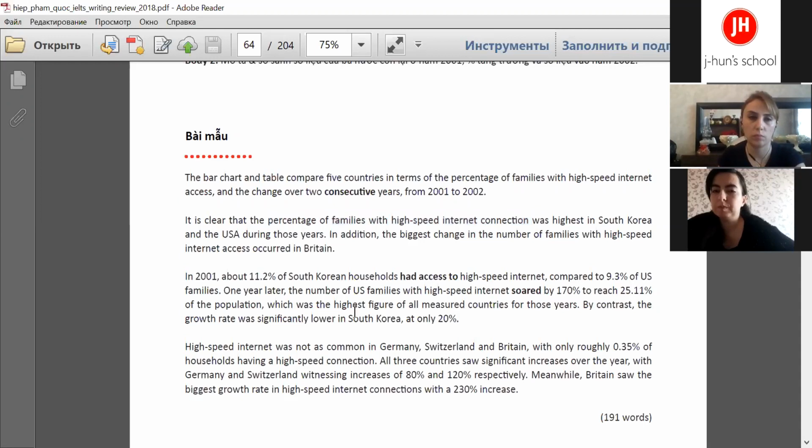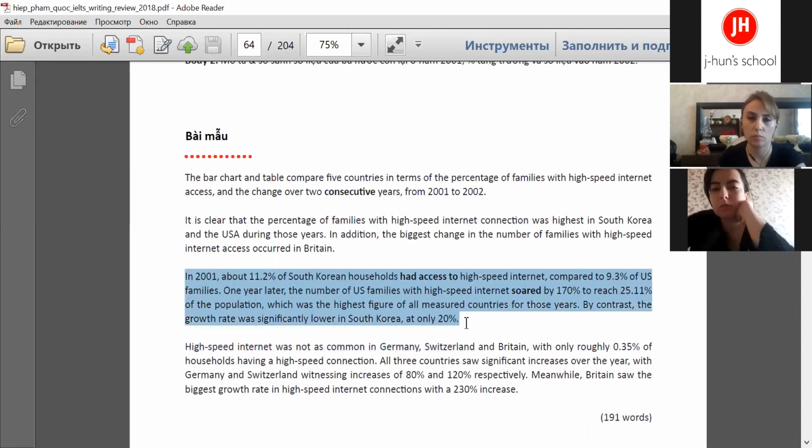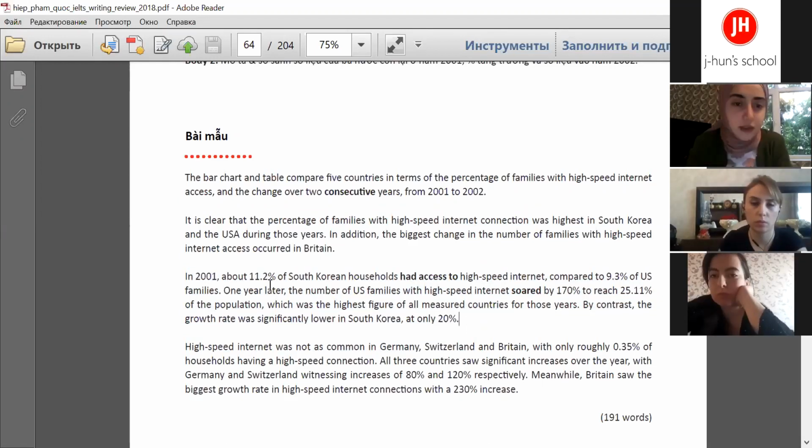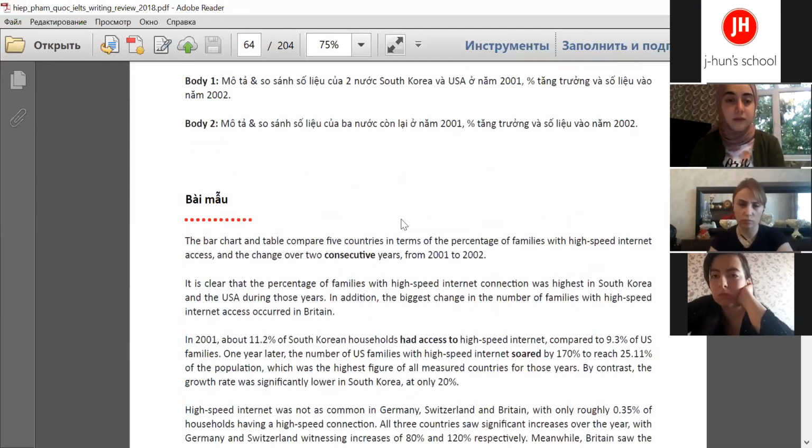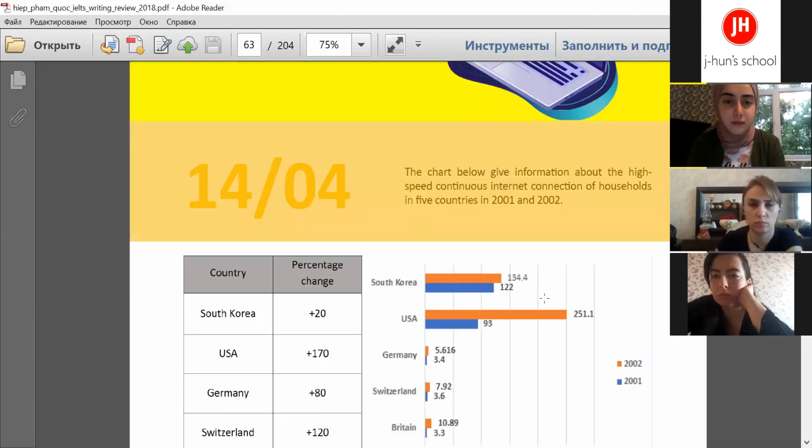Well, Ilhama, can you read this paragraph, please? In 2001, about 11.2% of South Korean households had access to high-speed internet, compared to 9.3% of US families. Okay, now, 1 year later. Sorry, okay, Ilhama. So as you see, guys, the bar graph says in 2001, it was 122 per 1,000.